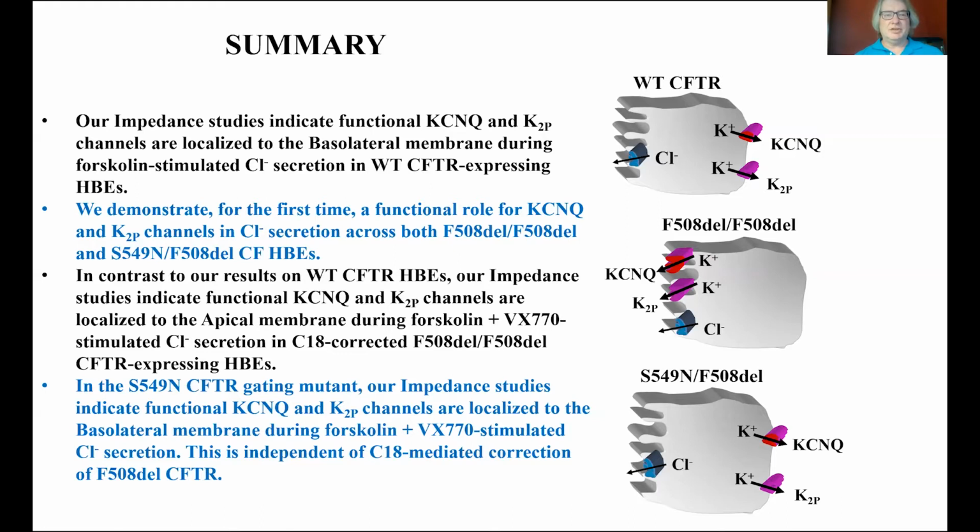In sharp contrast to results on the wild-type CFTR HBEs, our impedance studies indicate that the functional KCNQ and K2P channels are localized to the apical membrane during forskolin plus VX770 stimulated chloride secretion in C18-corrected F508del homozygous CFTR-expressing HBEs.